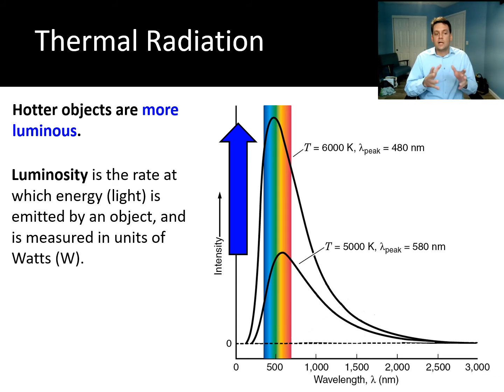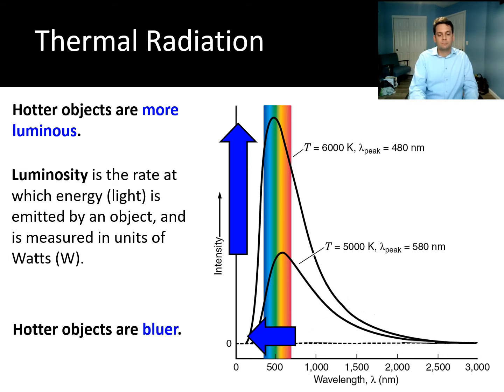Luminosity is measured in units of watts, equivalent to power. If you've taken a physics class and heard about power, luminosity is equal to the power radiated by an object. It's just the rate at which energy is given off, how much energy per second.